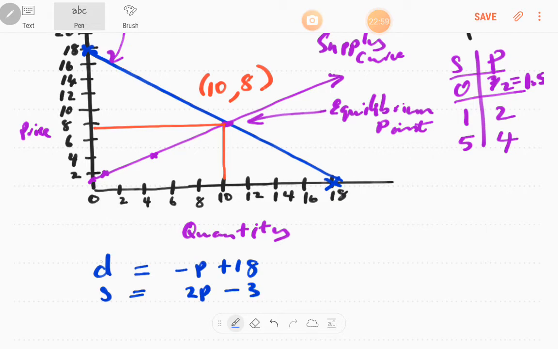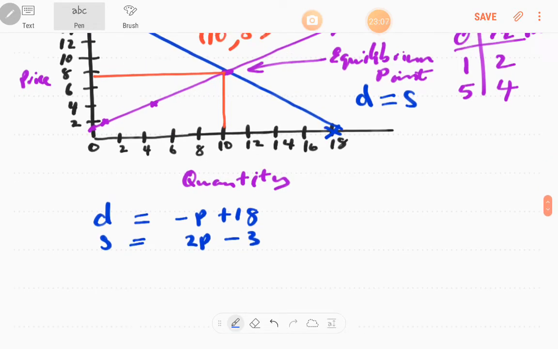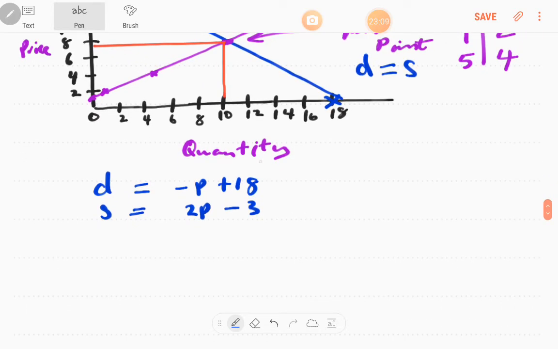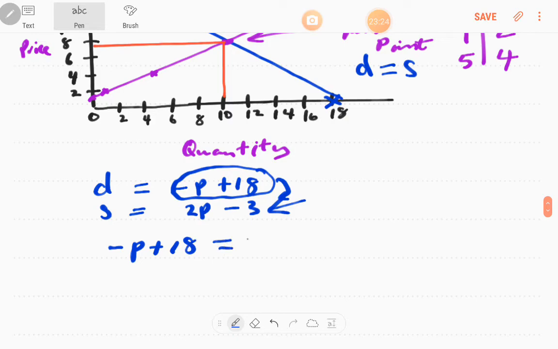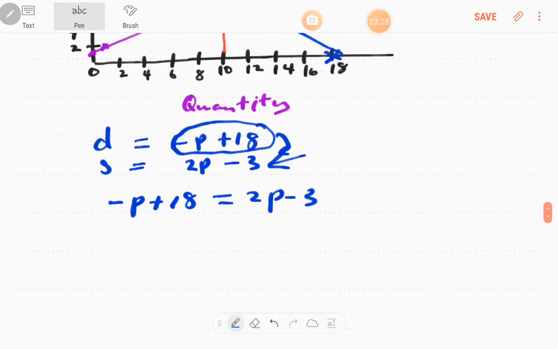So D is equal to S, which means minus P plus 18 is equal to 2P minus 3, and then we solve.